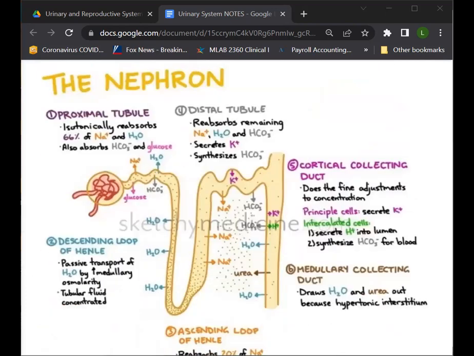Okay, now let's take a look at the rest of the nephron. So we need to first know about the order of the parts of the nephron. First is going to come the proximal convoluted tubule. Then there's a descending loop of Henle.